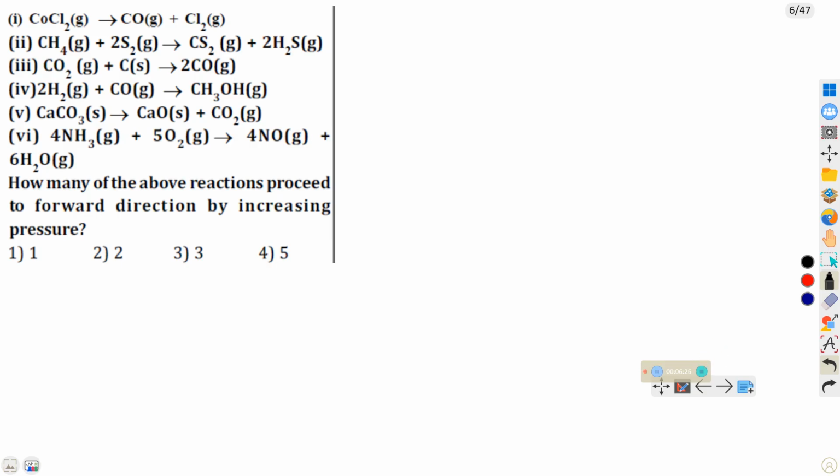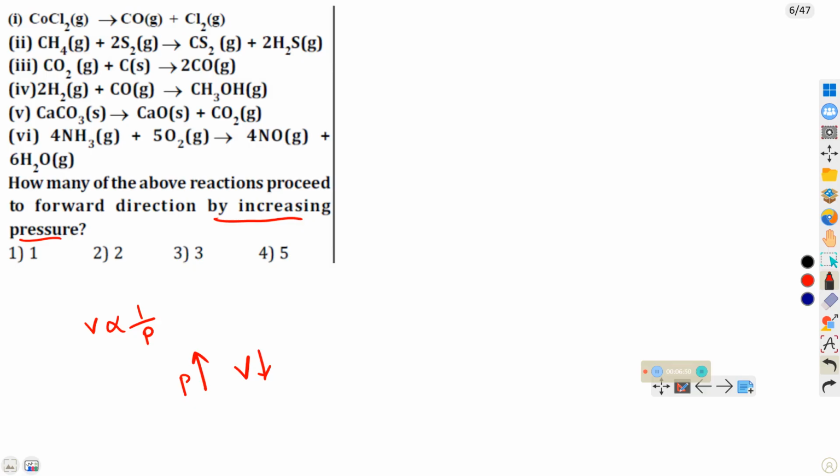How many of the above reactions proceed in the forward direction by increasing pressure? By increasing pressure, according to gas law, volume is inversely proportional to pressure. Pressure increases means volume decreases.